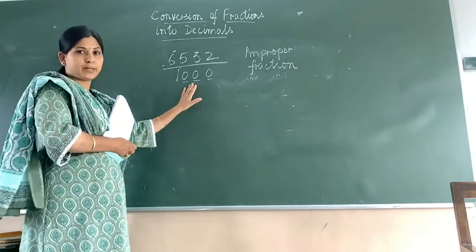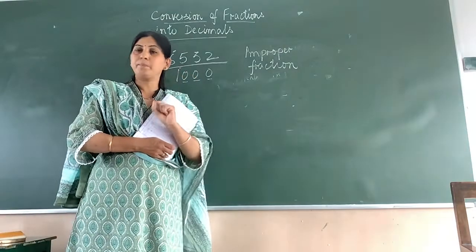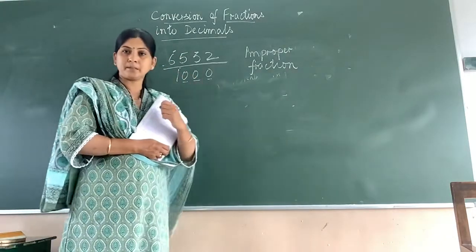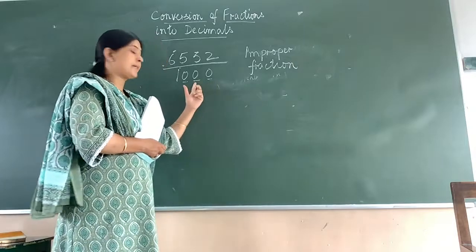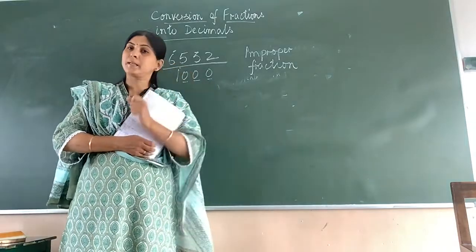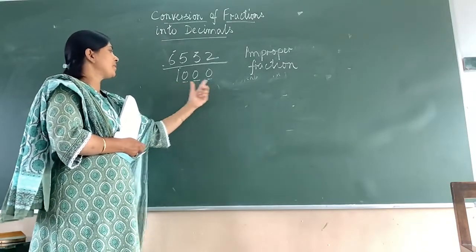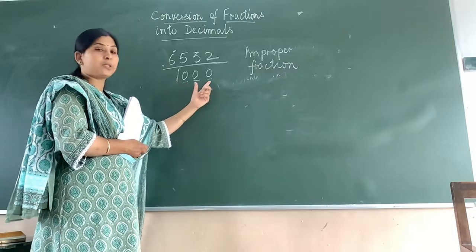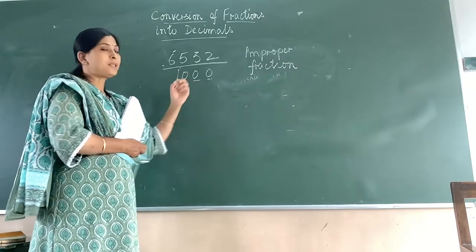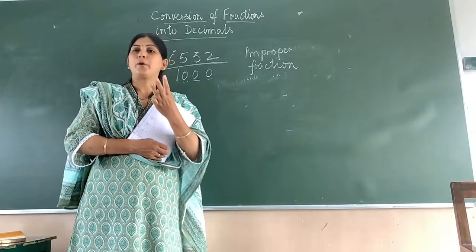If there is 100 in the denominator, that means there will be 2 digits after the decimal. If there is 10 in the denominator, that means there is 1 digit after the decimal. Now here the denominator is 1,000. There are 3 zeros that follow 1, so there will be 3 digits after the decimal point.